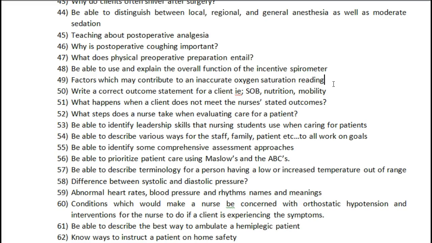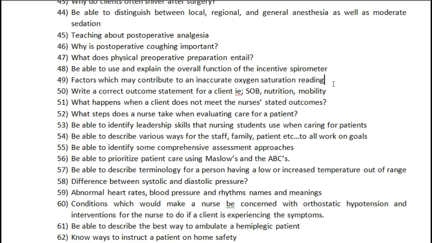When you write an outcome statement, I want you to be able to write one, and the only thing I can say about that is the expected outcome needs to be measurable, reliable, and valid.